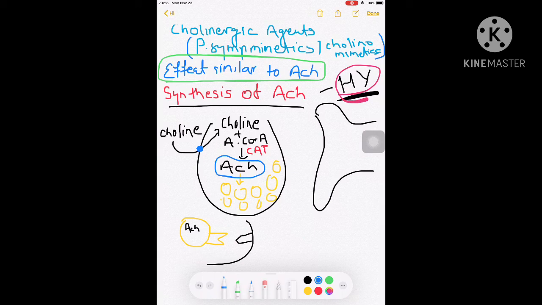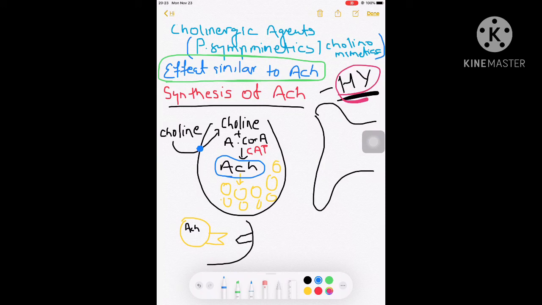This acetylcholine is packed inside vesicles to prevent it from getting destroyed. Once inside these vesicles, once a stimulus comes, these acetylcholine vesicles will be released into the junction.